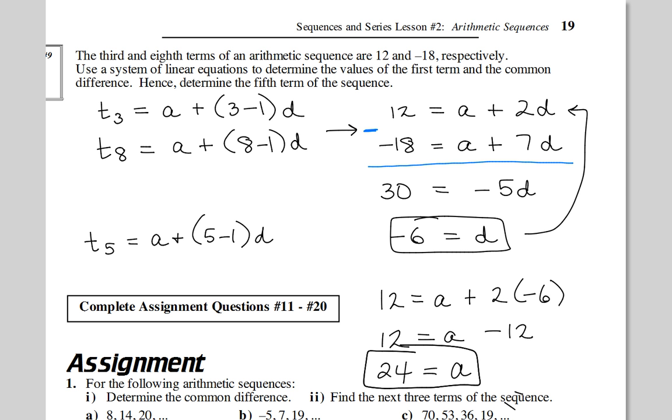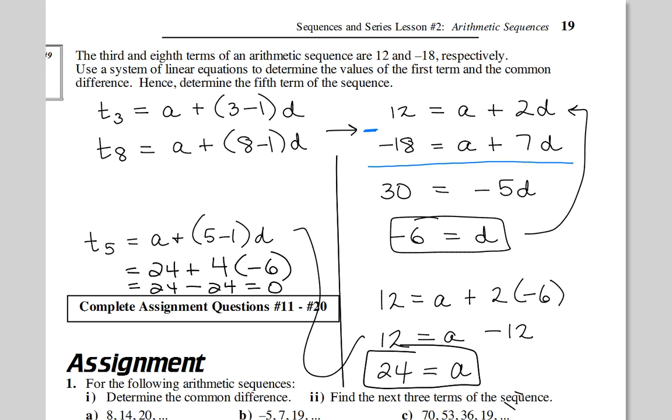Now I can just go and plug into my formula over here. 24 plus 4d, which is negative 6. 24 minus 24 is 0. I think I would go with the means, arithmetic means, if I was you. But there's another option for you, the system of equations.